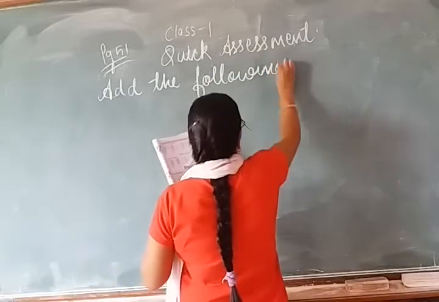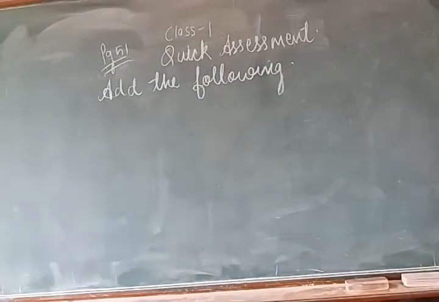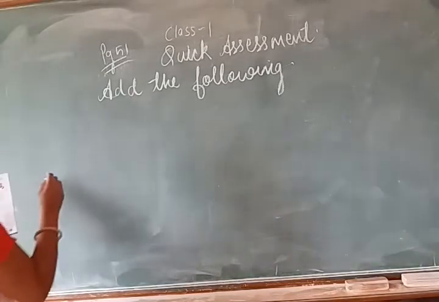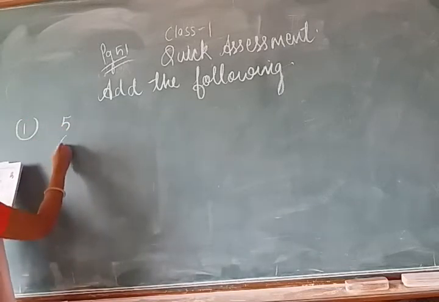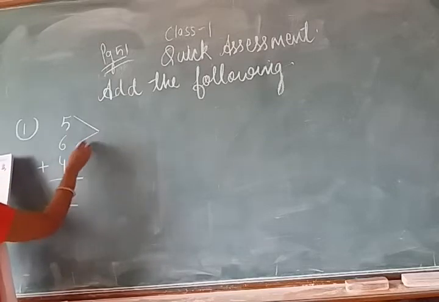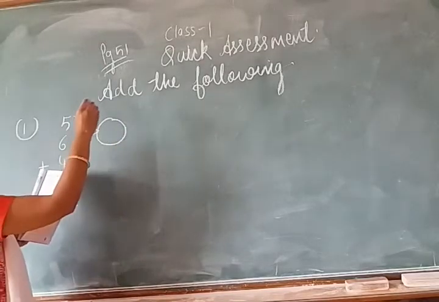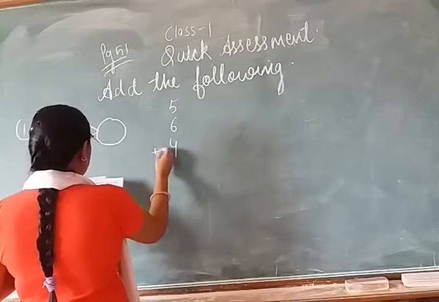So I am doing 2 questions, 1 and 2, and third question will be homework for you. Clear? So I am writing only question 1 and question 2. So 5, 6 and 4 plus, and in this way one circle is there.